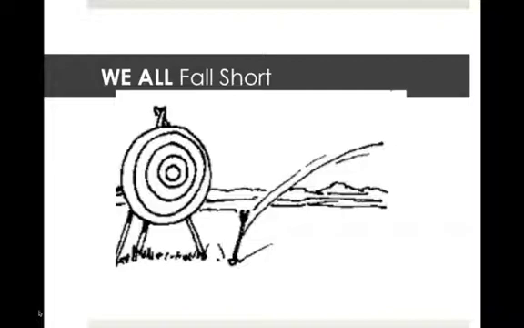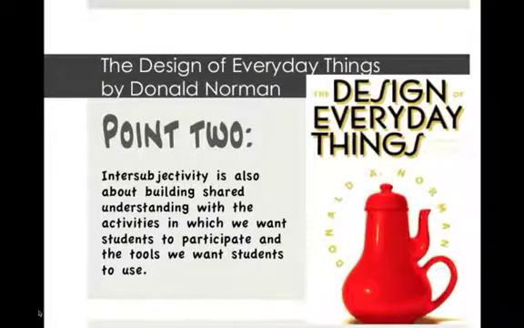All right, the second point that I want to bring up comes from Donald Norman's book, The Design of Everyday Things. Intersubjectivity is also about building shared understanding with the activities in which we want students to participate and the tools we want students to use.